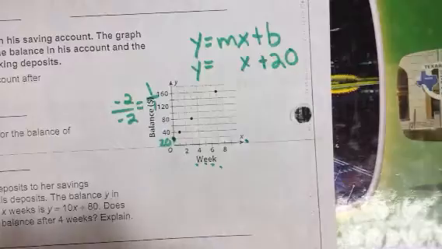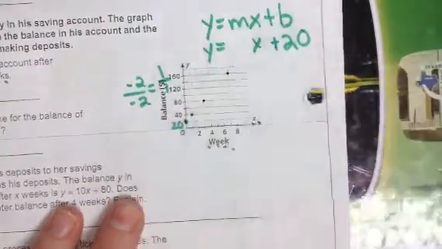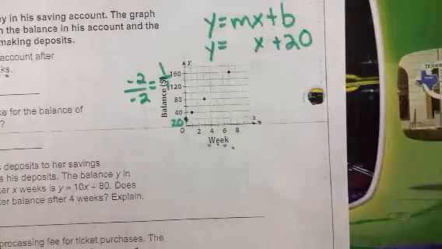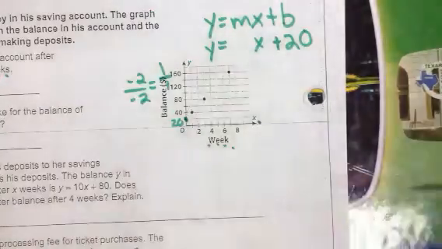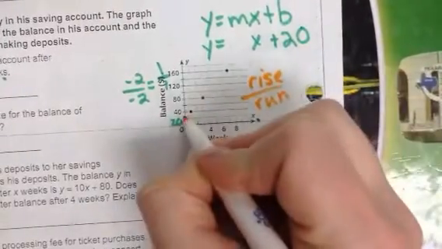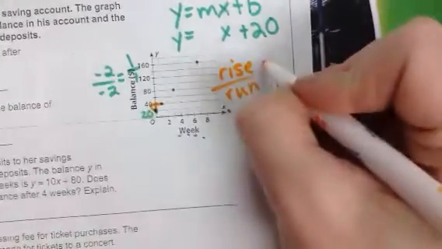So to get my slope, I'm going to do rise over run. And I'll just do it from that first y-intercept point. Okay, the y-axis is counting by 20s, and we only did one jump.